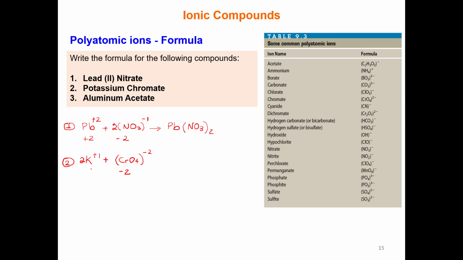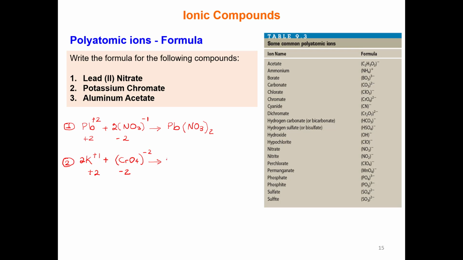Then 2 times 1 is +2. And in order to form the compound, we need 2 ions of potassium. Then now we can write the formula. We have a neutral compound, so we can write the formula.